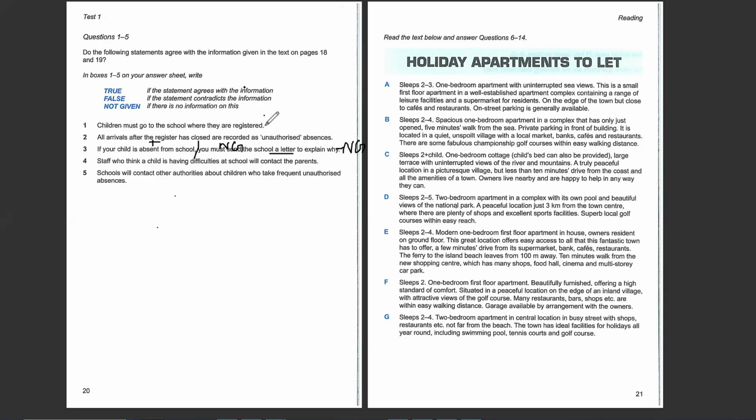Okay, the first question is true, second one is false. Remember, this is the pattern the IELTS question paper makers follow for not given. Let's go to the next question.